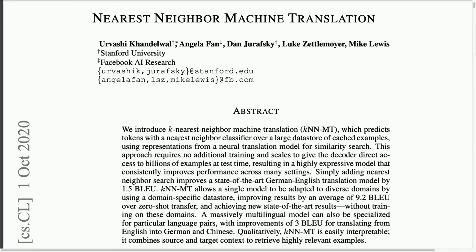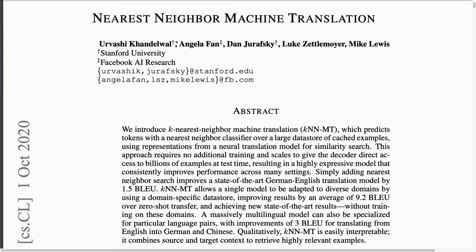The paper introduces k-nearest neighbor machine translation, i.e. neural machine translation augmented by a k-nearest neighbor search model, which is capable of querying the training dataset of the machine translation system dynamically during the generation process, accessing some knowledge from this training data and using the closest examples from this training dataset to infer something about what is the most likely next word, and to use that information to improve the base neural machine translation model and to improve the translation performance.